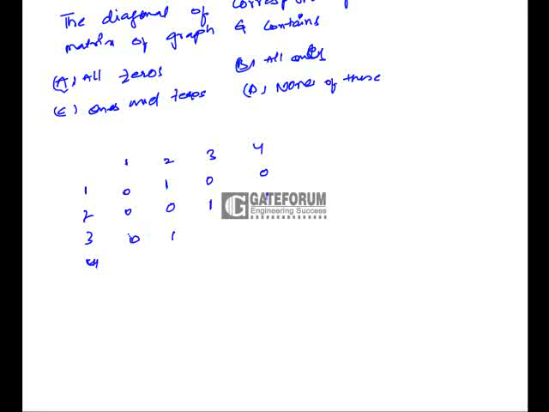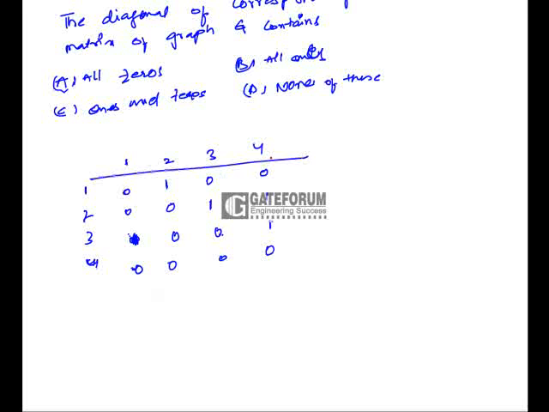3 to 2, no edge. 3 to 3, no edge. 3 to 1, one edge is there, so this is 1. 3 to 4 is also one edge, so this would be 1. And there is no edge from vertex 4, so this whole row will be 0.